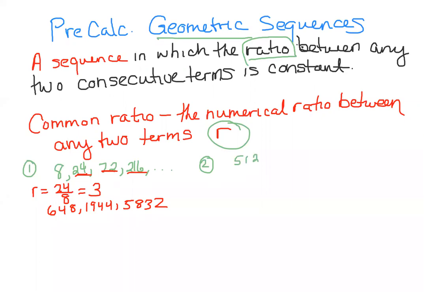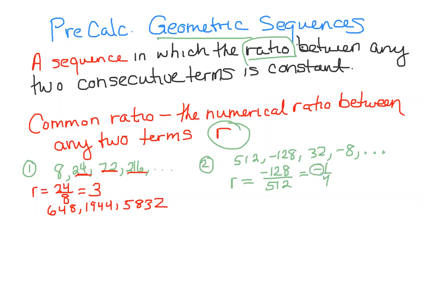We've got 512, negative 128, 32, negative 8, and so on. Our common ratio is going to be negative 128 over 512, which simplifies to negative 1/4. So in this case, it's going down.